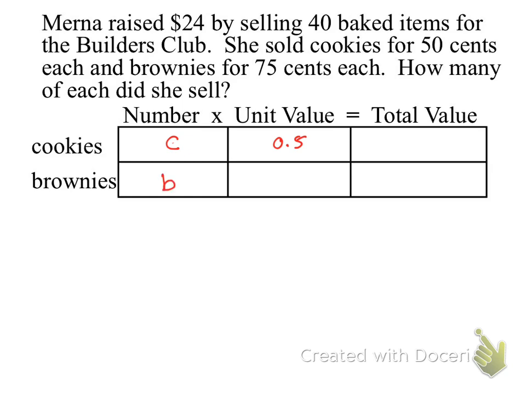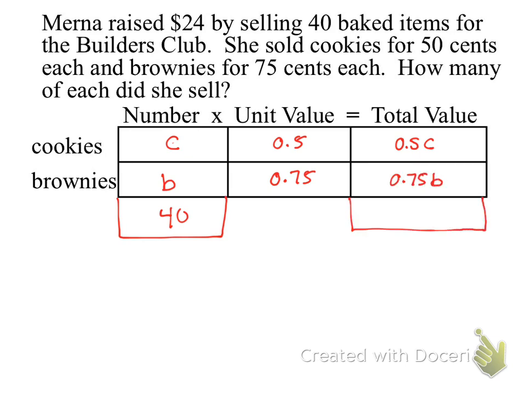Okay, what is the unit value? Okay, what do I put in the bottom box under C and B? How much? 40. Multiply across, what do we get? And what goes in the bottom box? $24. Your two equations are right here.